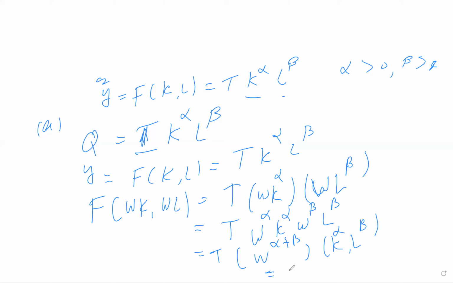Therefore, we can write this as W to the power of alpha plus beta times our function, which is F of K and L. Now, let's go to the next page.